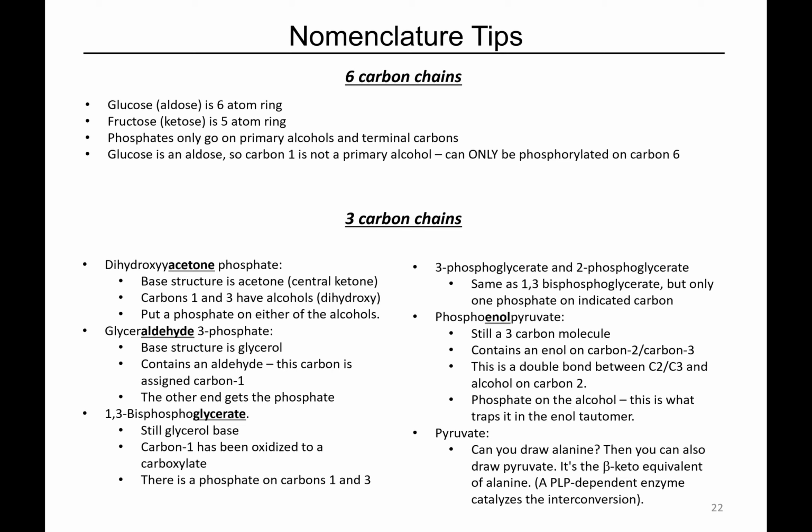So this would be enol pyruvate. Phosphoenol pyruvate, you have the phosphate in the only place it can go, on carbon 2. Okay, so pyruvate is the ketone equivalent of alanine. Remove the amine, put a carbonyl. Phosphoenol pyruvate, start with pyruvate, convert it to the enol tautomer, and then put a phosphate on carbon 2.